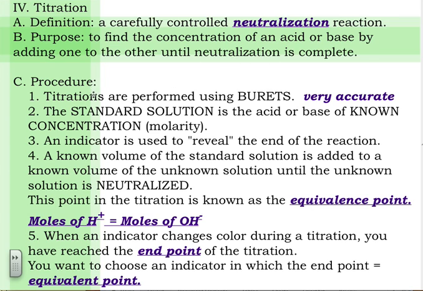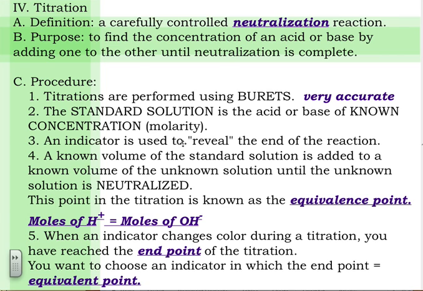So the first thing with a titration is you're using a burette, and you'll see burettes in the video you're going to watch. They're very, very accurate. They look kind of like giant test tubes, but they have this thing at the bottom that you can open and shut to release very accurate volumes. Your standard solution is whatever you know. So it's either the acid or the base, but it's the one that you know the concentration of.